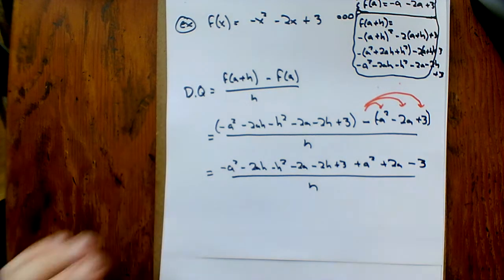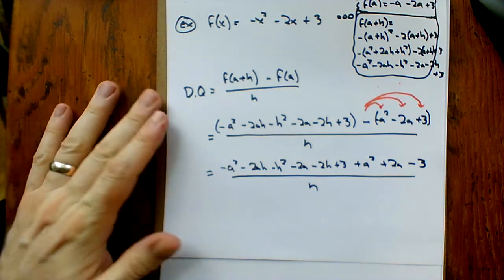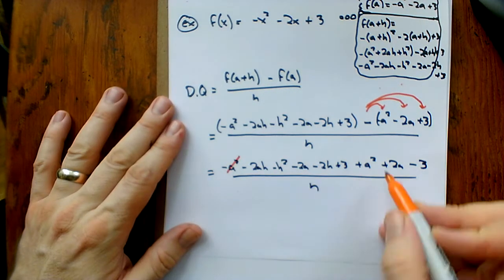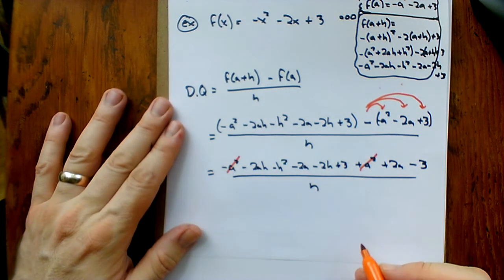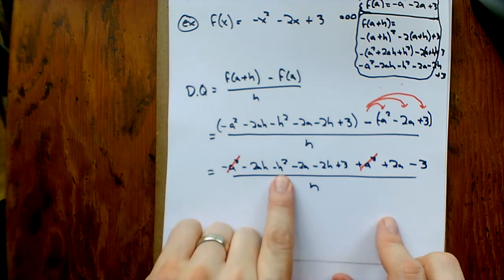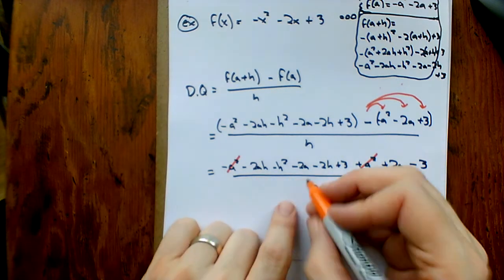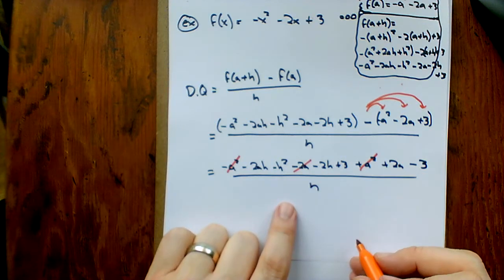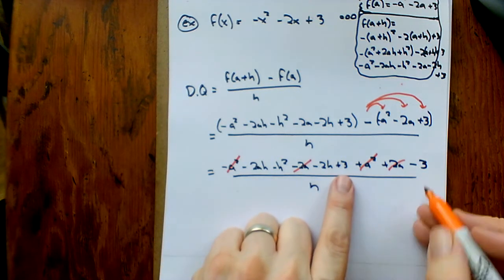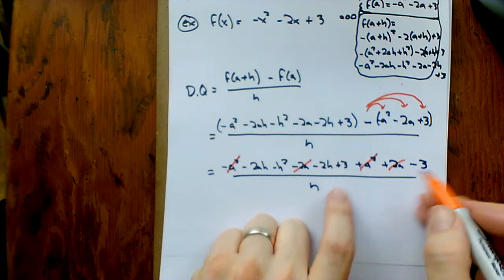Well, we should combine some like terms, and when I do this, take a look. I've got negative a squared and a squared. Those terms cancel out. Nothing combines with my 2ah or my h squared, but negative 2a and 2a cancel out. And last but not least, we have positive 3 and negative 3.